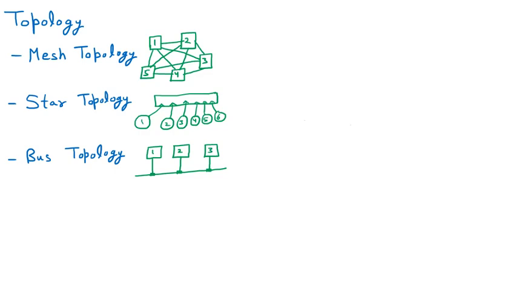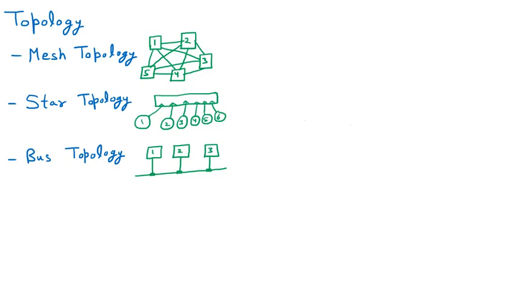But if we go to the advantage, we know that fewer cables are there and it is less expensive as compared to the mesh topology. Then talking about the bus topology, it is multicast. Multicast means if it is sending the data to one, it is sending to all. There is a single wire through which all the computers are connected, and the device used is a tap.